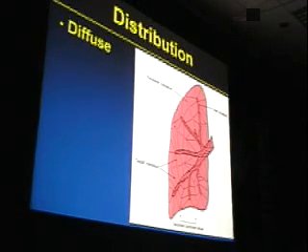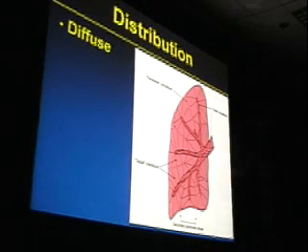And then there are a group of diseases which may affect the lung in a more diffuse fashion. It may affect the central portions of the lung, it may affect the peripheral portions of the interstitium, it may affect it relatively diffusely, and we can discern no particular distribution on the CT scan.